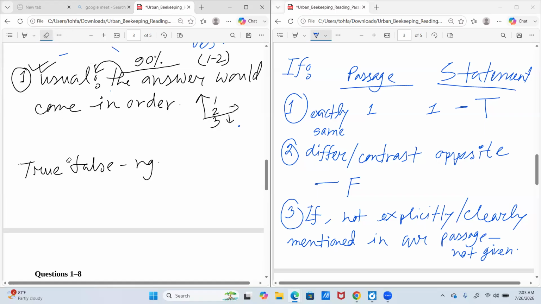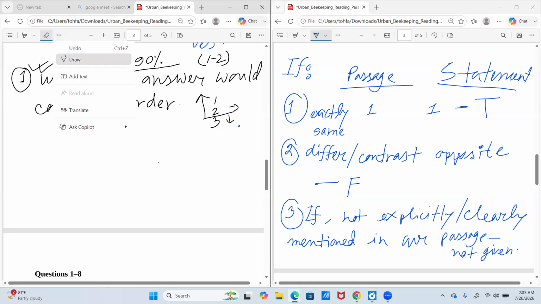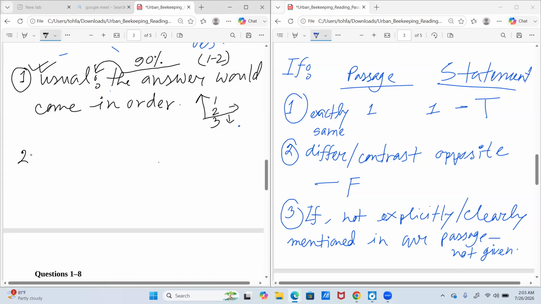Then another very important thing we need to learn to solve this type of question is to find the keywords. Also, one good thing is that to solve this type of question, you need not read the whole passage. If you are good at finding keywords and locating them, then it won't be much difficult for you.